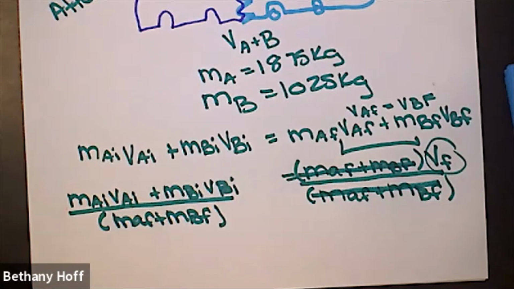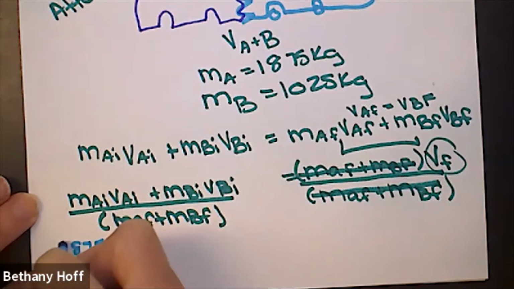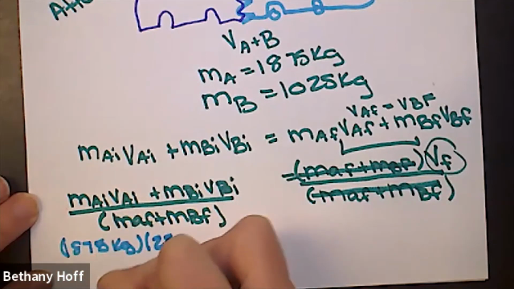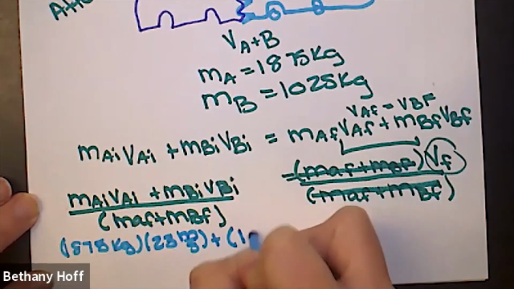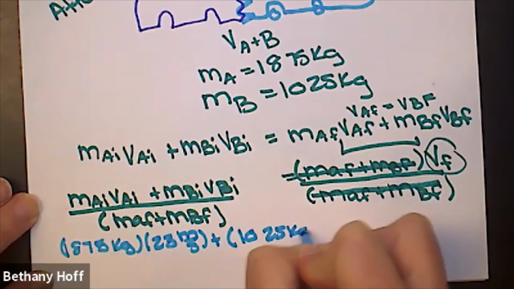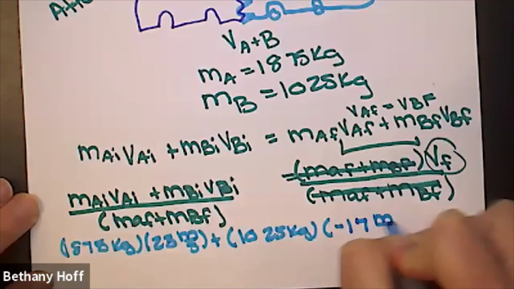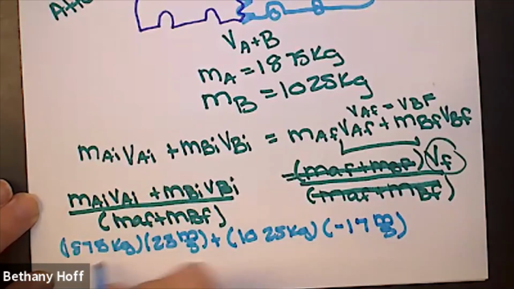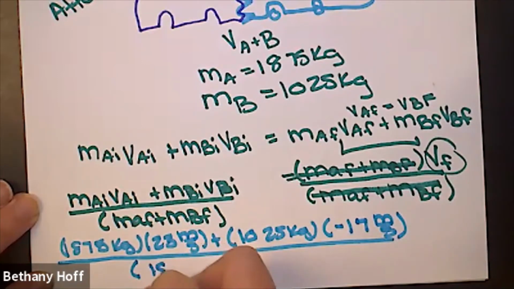So let's plug things in to our equation. The mass of A is 1,875 kilograms times its velocity, plus 1,025 kilograms times its velocity, which is negative. Don't forget that negative because that is important, divided by the mass of the two added together.